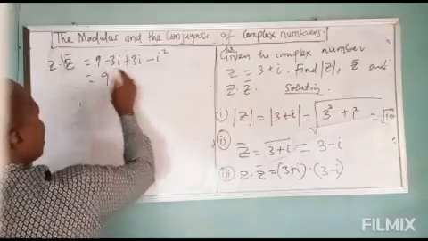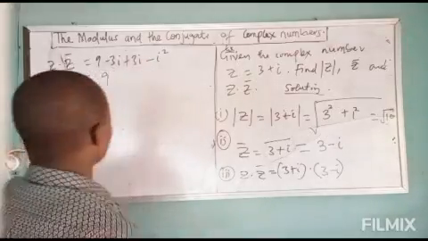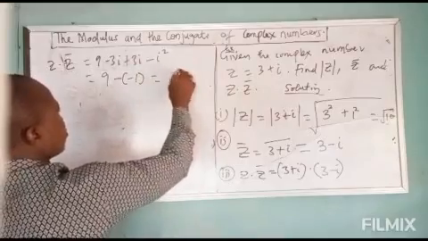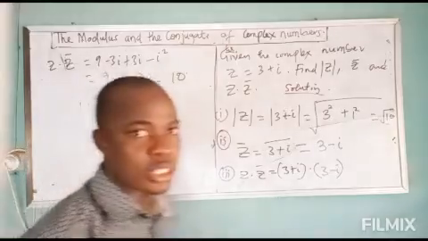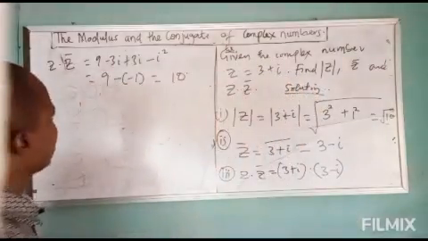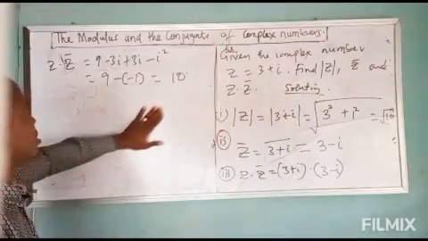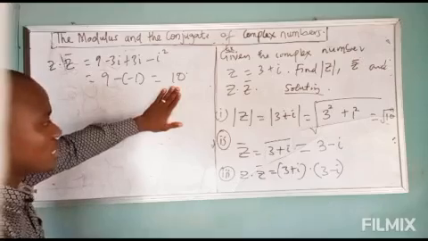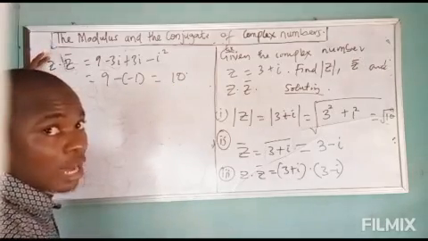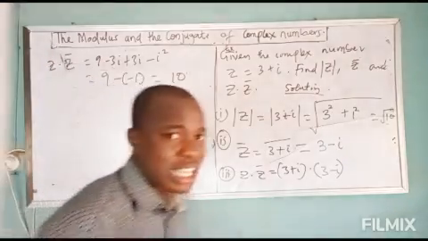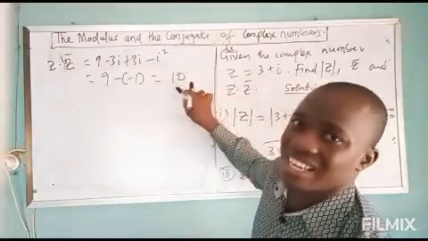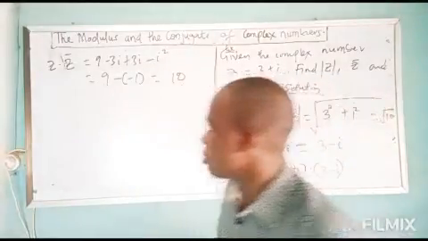So we have 9 minus 3i plus 3i, which is 0, minus 1 times i squared, so we have 10. Are you getting it? So z dot z bar gives 10. As I said earlier, when you multiply a complex number by its complex conjugate, you have a real number, which is 10.